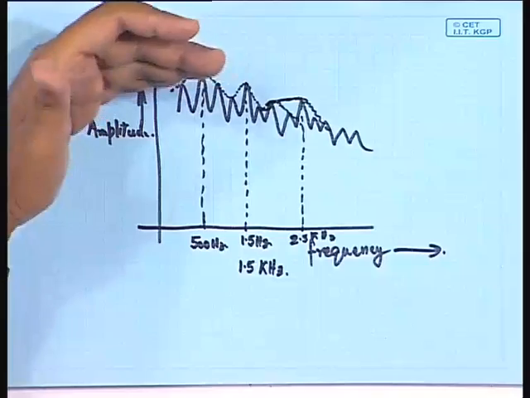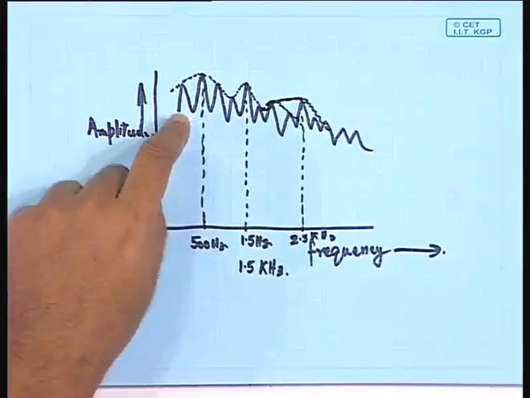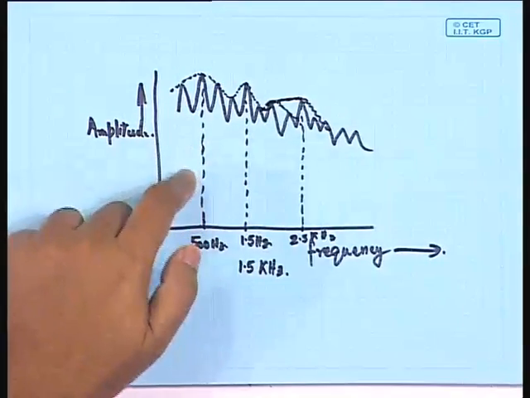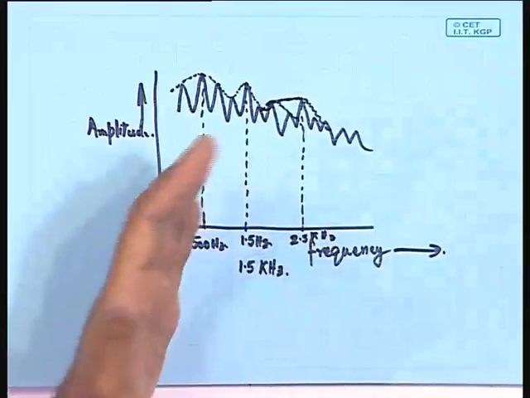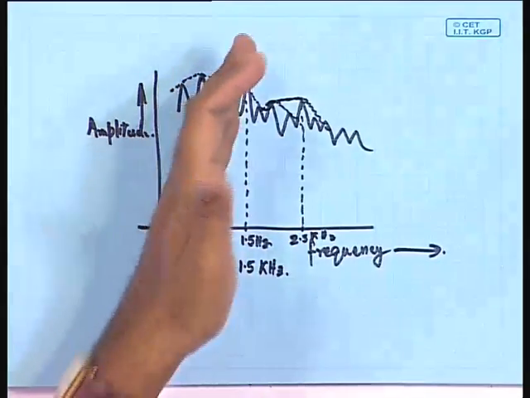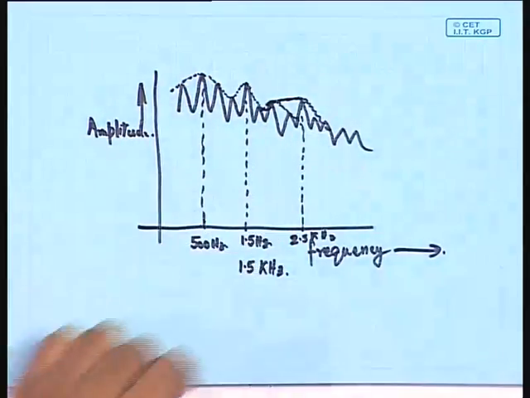And what is happening is that in between these formant frequencies, you also have the variations arising out of the pitch frequency.